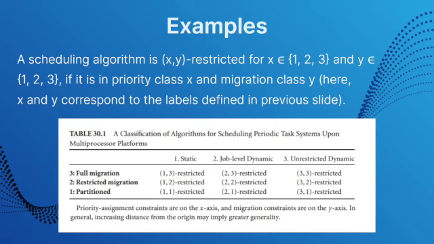And then we have partitioning, while 1 and 3 are the algorithms that only use static priorities, which is level 1 priorities, and this allows unrestricted migration. And then we have 9 categories of scheduling algorithms because of the 3 by 3 table.